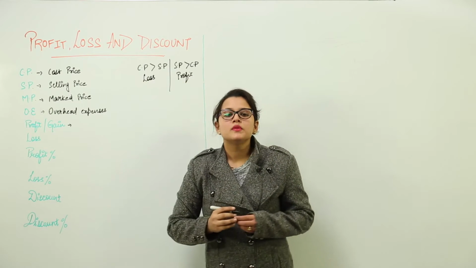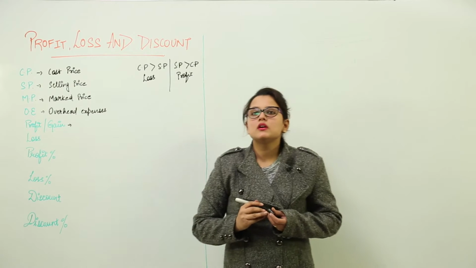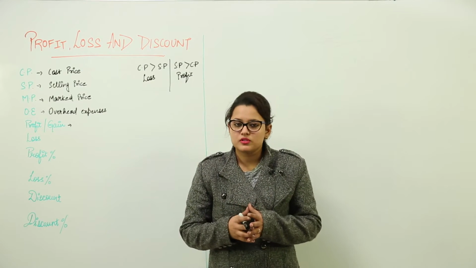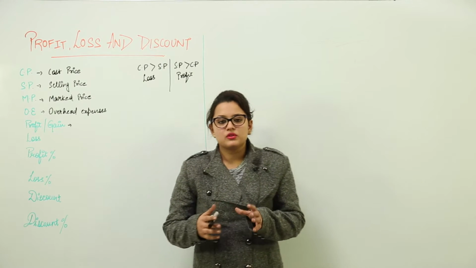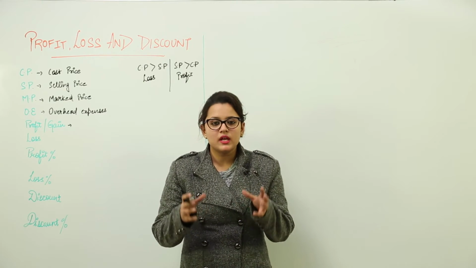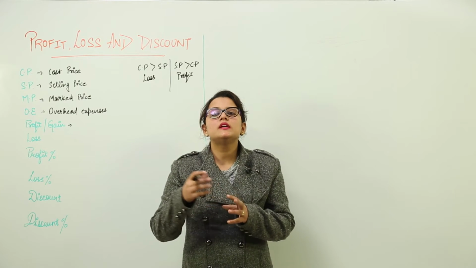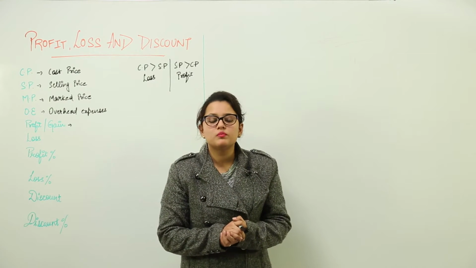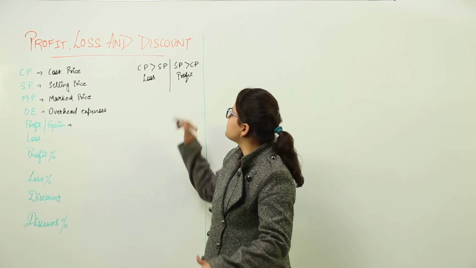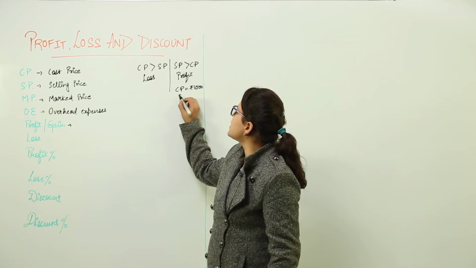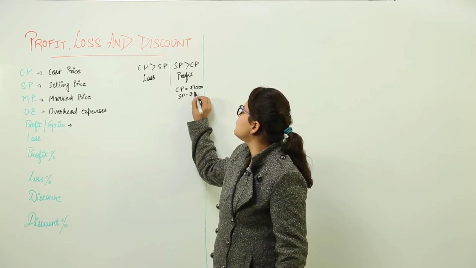For example, you are a manufacturer of shirts. Your one shirt gets manufactured and the cost is 1000 rupees. But you are going to sell it in the market at 1200 rupees. So your cost price is rupees 1000 and your selling price is rupees 1200.